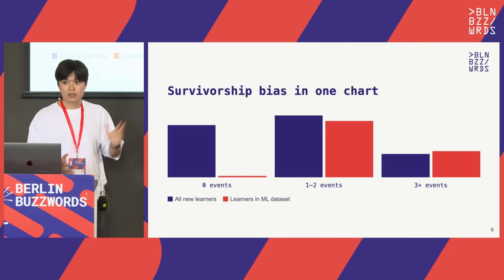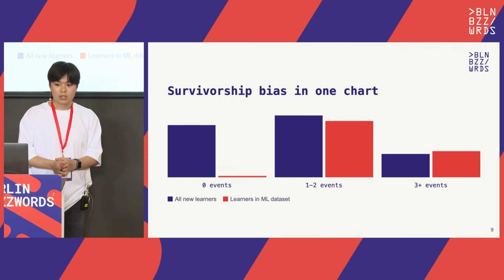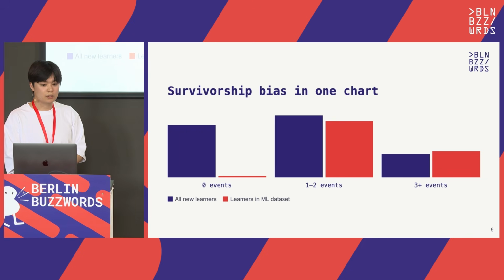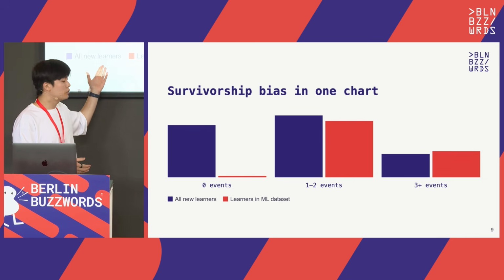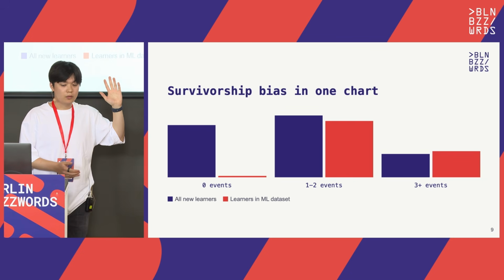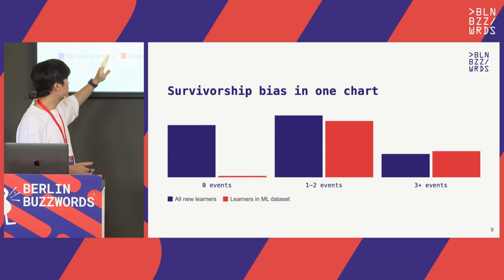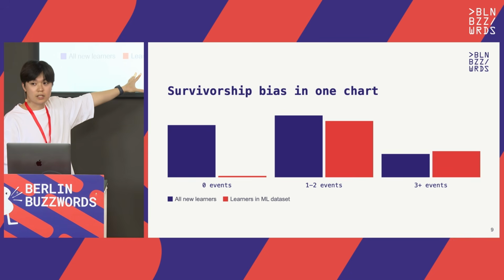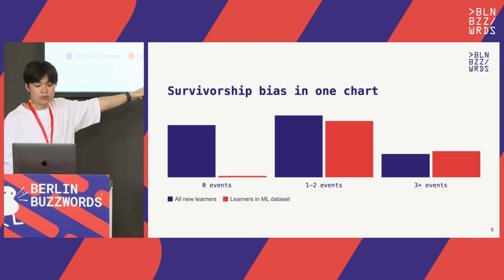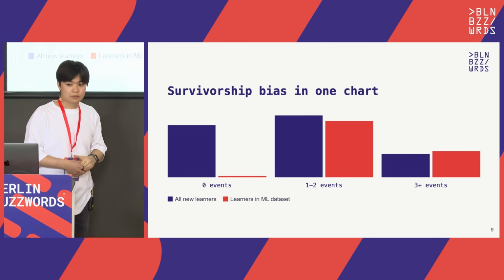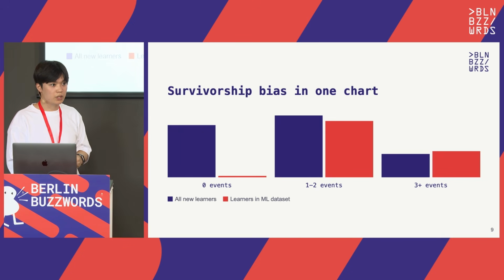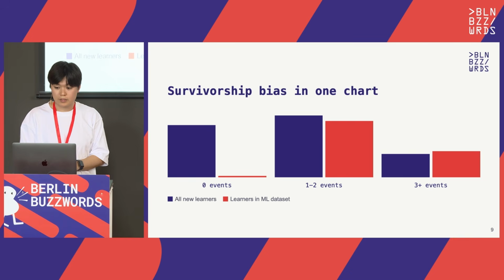If we look at the distribution, the number of users that have 0 events is highly underrepresented in our training dataset, almost 0. This is the main problem we saw during this phase.